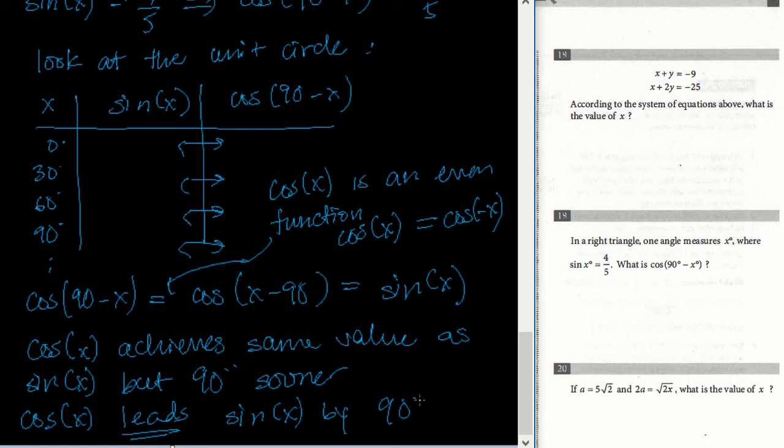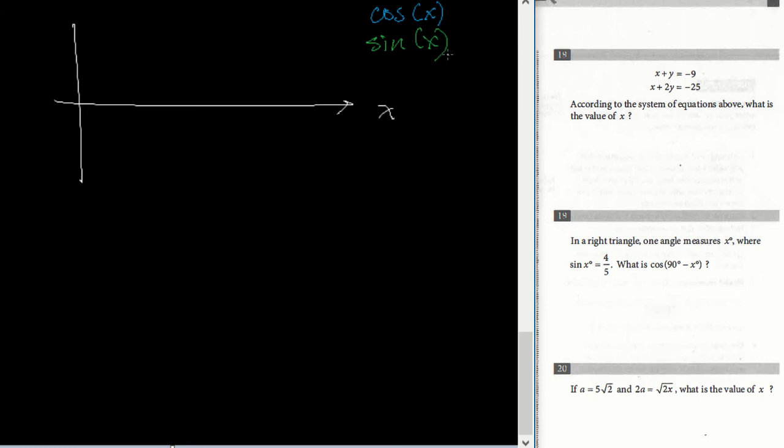And so if you were to actually graph cosine and sine, right? So let me make a graph of cosine and sine. Let's say we're going to graph cosine in blue, and we'll graph sine in green, right?